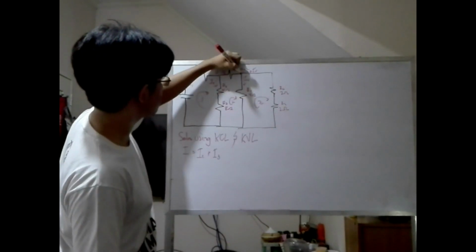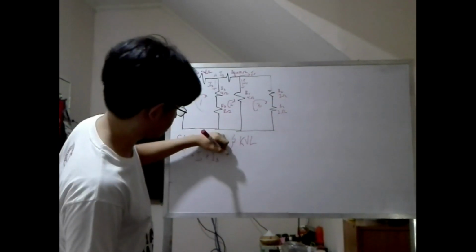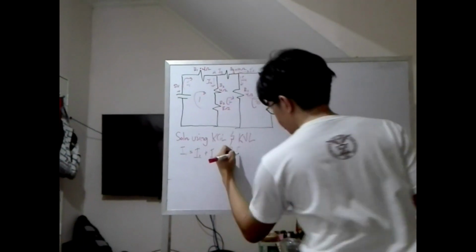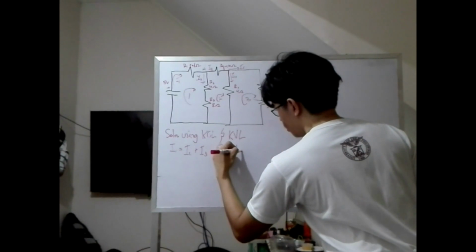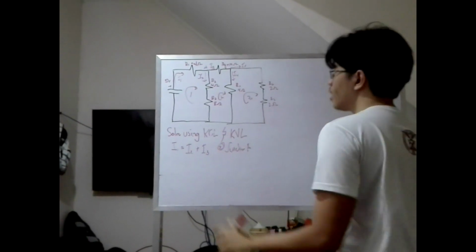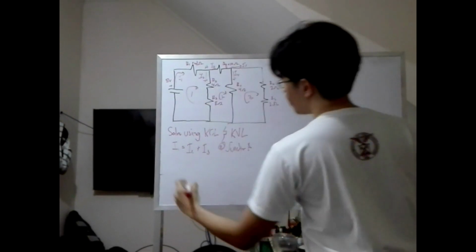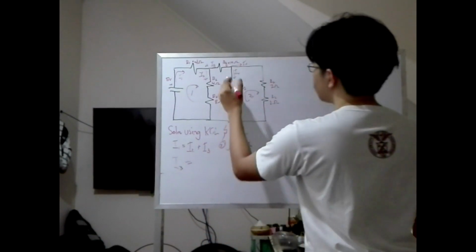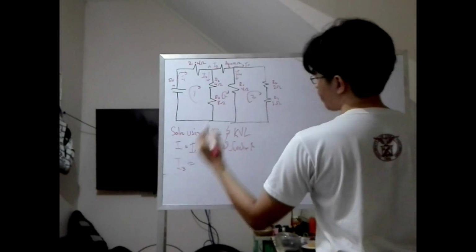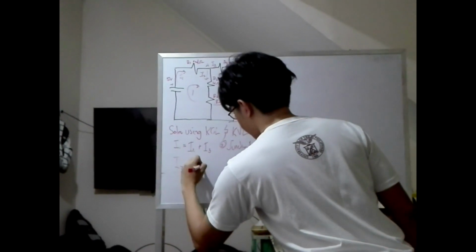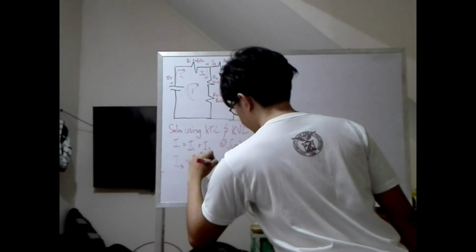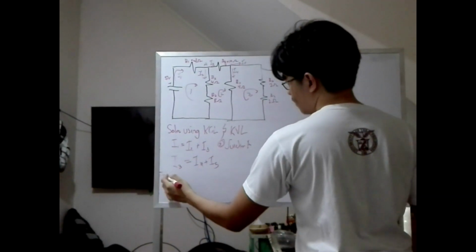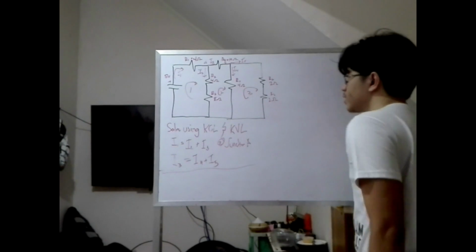The same goes for junction B. And with junction B, I3 is entering, and I4 and I5 are exiting. So these are the equations that satisfy Kirchhoff's current law.